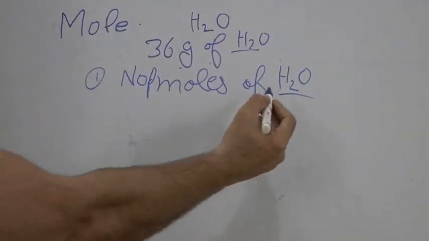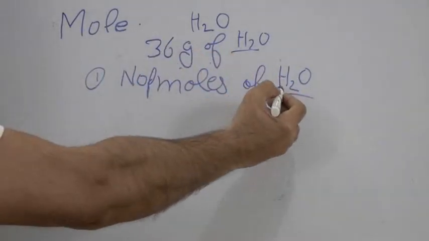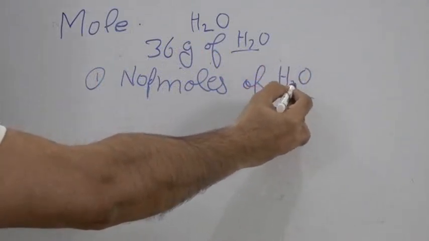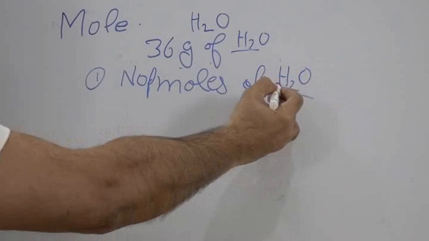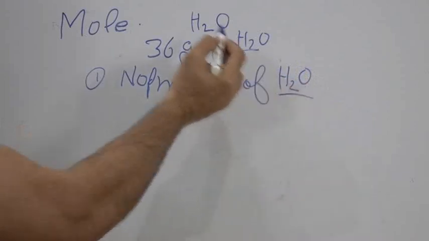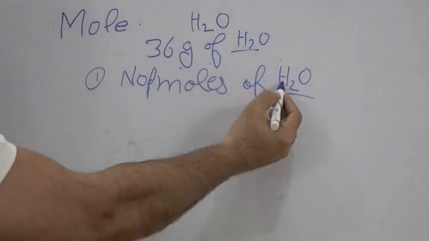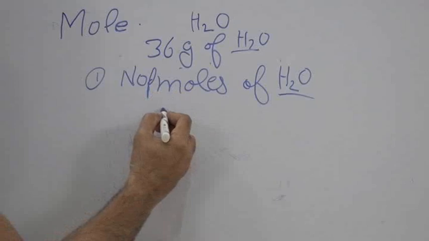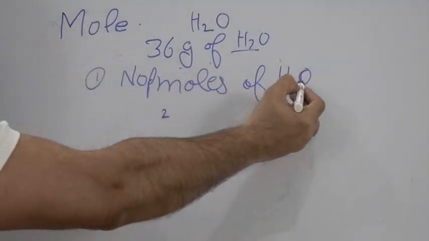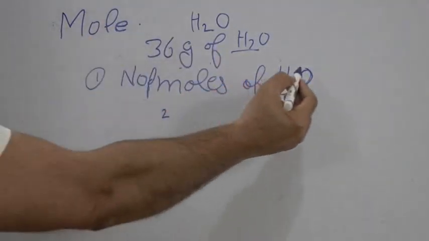So for that, first we must find out what is the mass in U of 1 unit. The number of H2O moles means the number of moles of the H2O molecules. In H2, 1 H weighs 1U, and 2 would weigh 2U. And 1 oxygen atom weighs how much? 16U.